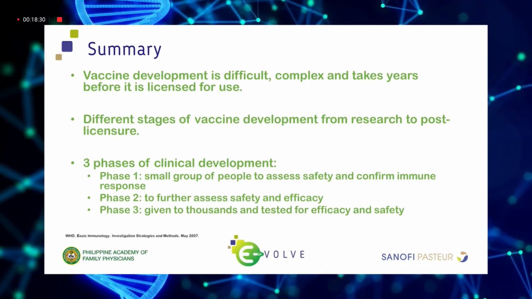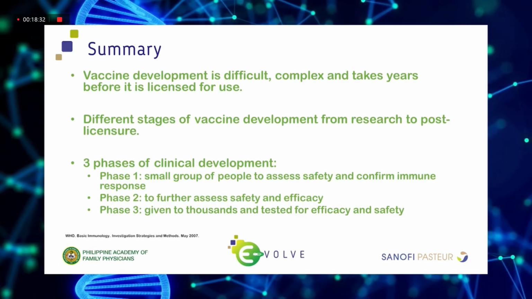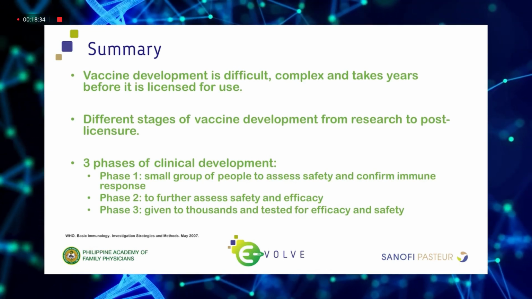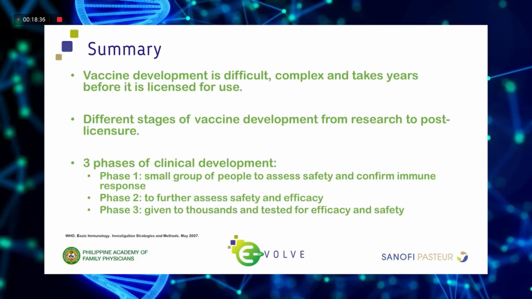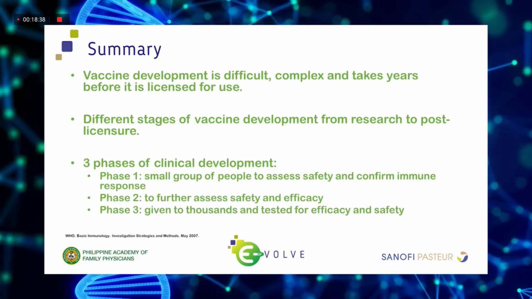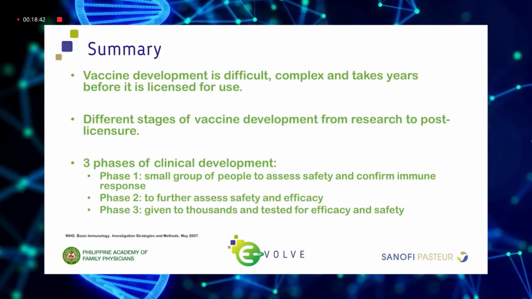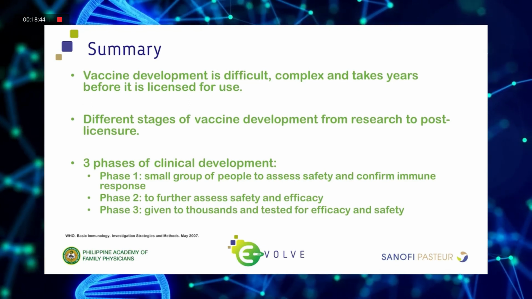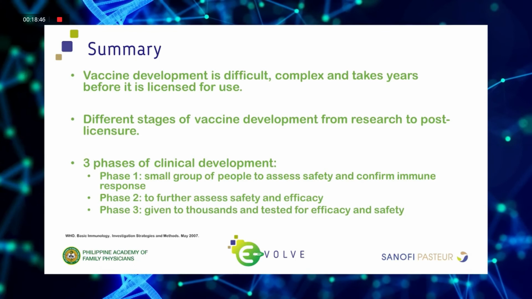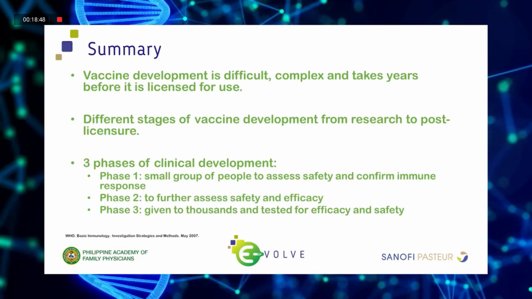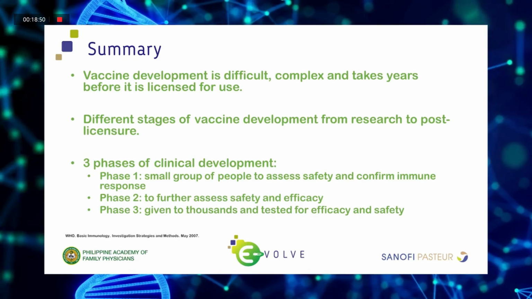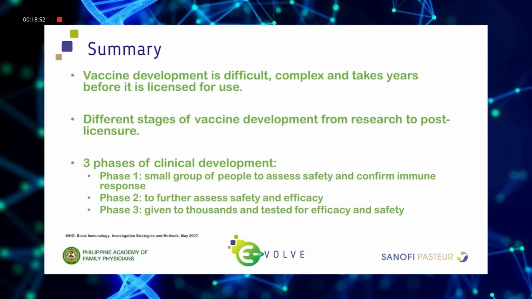In phase 3, the vaccine is given to thousands of volunteers and compared to a similar group of people who didn't get the vaccine but received a comparator product, to determine if the vaccine is effective against the disease it is designed to protect against, and to study its safety in a much larger group of people.